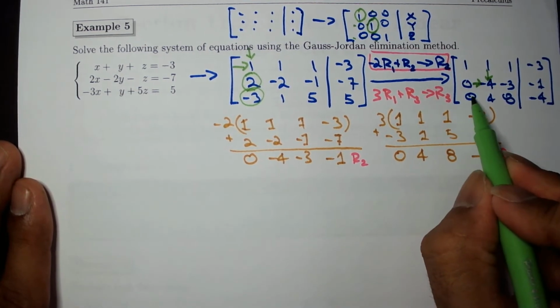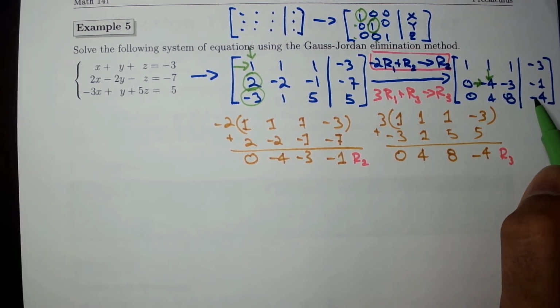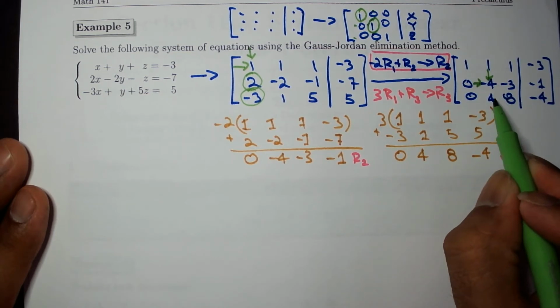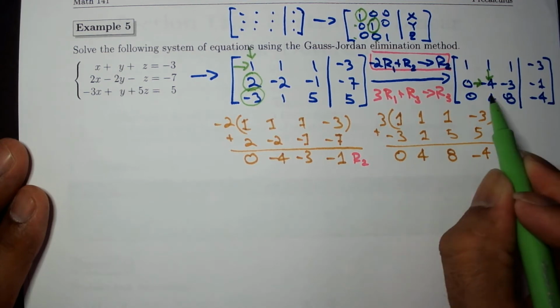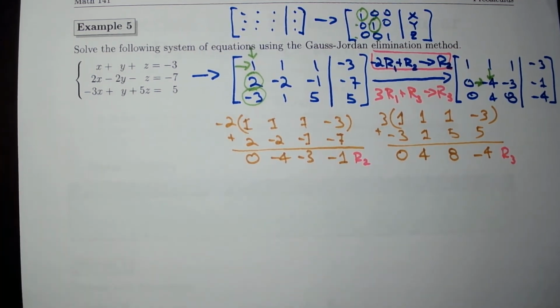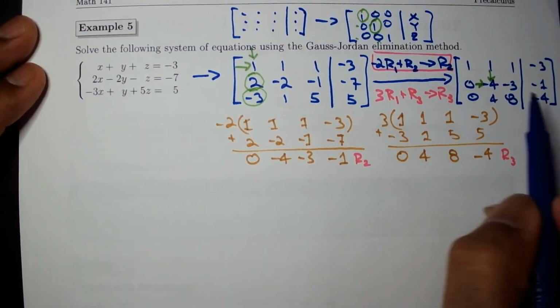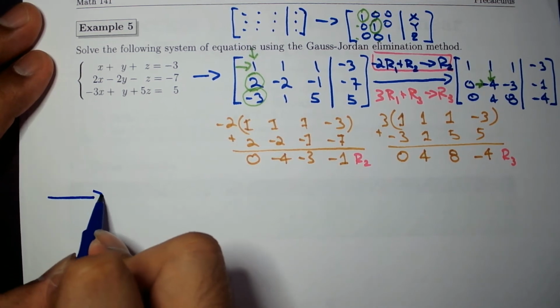However, if you observe the third row, all the numbers right here are divisible by 4. And so what I can do is interchange these two rows, row 2 and row 3, and then divide the new second row by 4. So this is what I'm going to do. The way we denote interchanging two rows, I'm going to do an arrow to keep going.